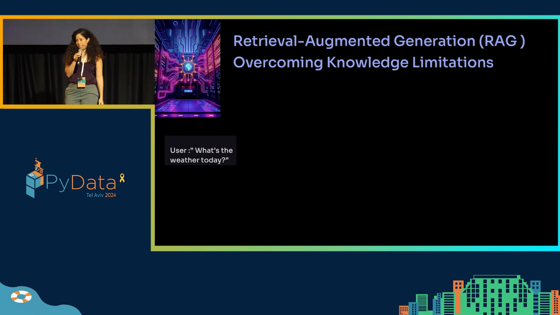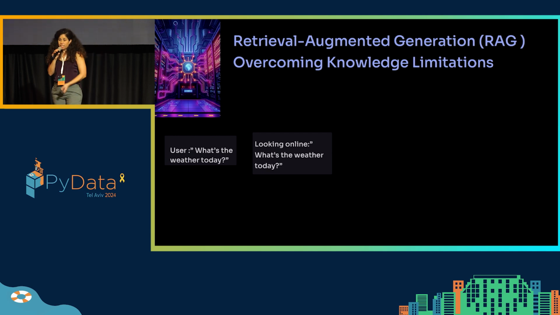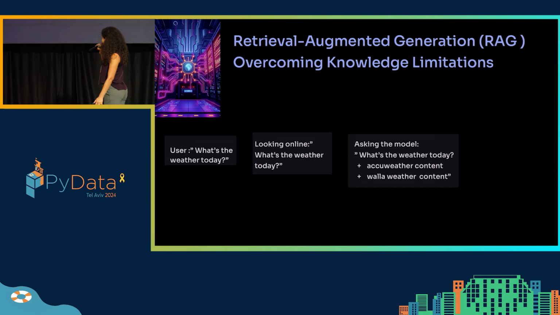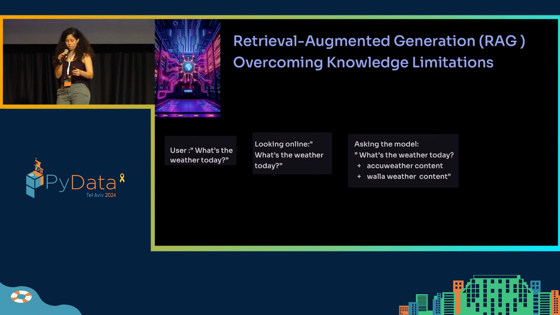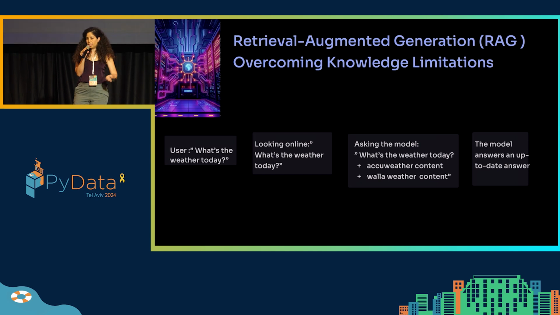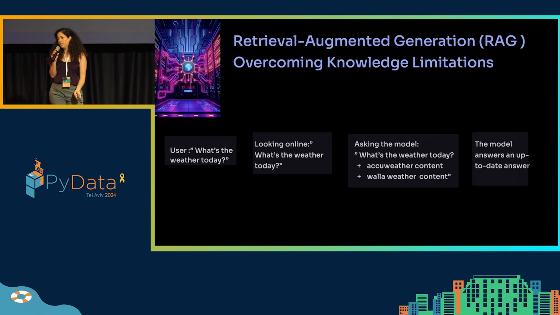So what is the solution? We can search online to see what the weather is today, concatenate the first two results, and then we get a model that is up to date and knows how to answer what the weather is today. This approach is called Retrieval Augmented Generation, or RAG.